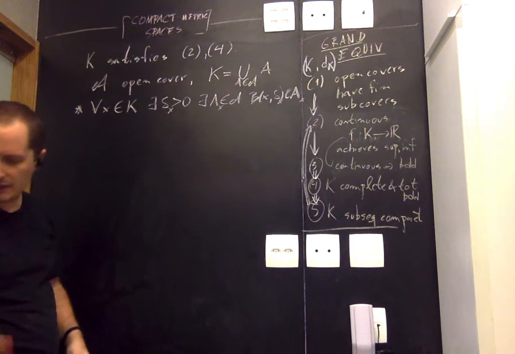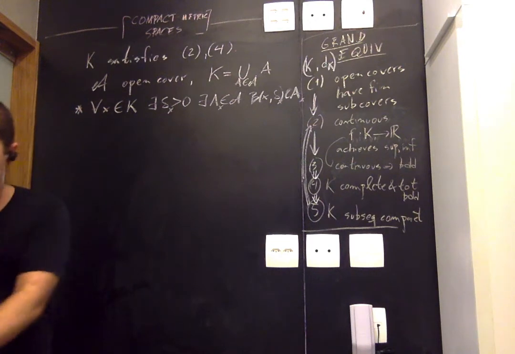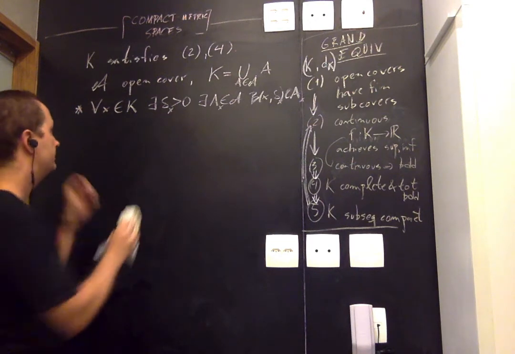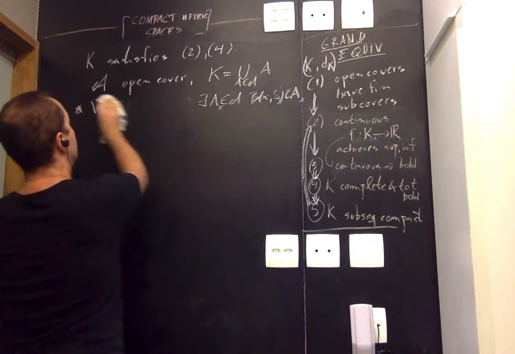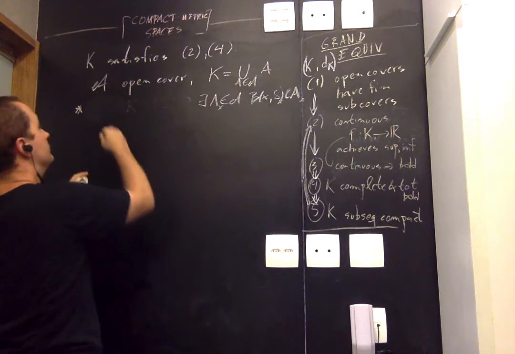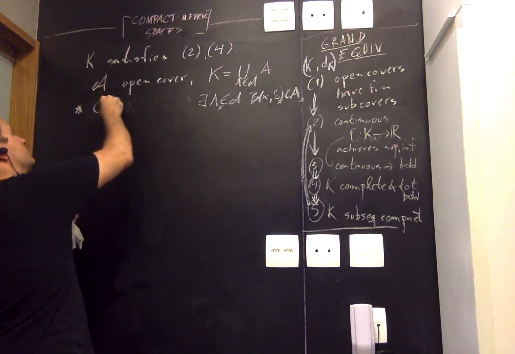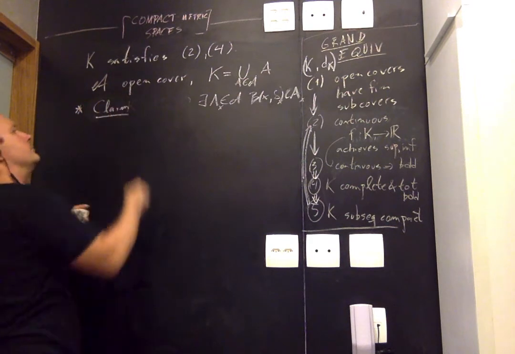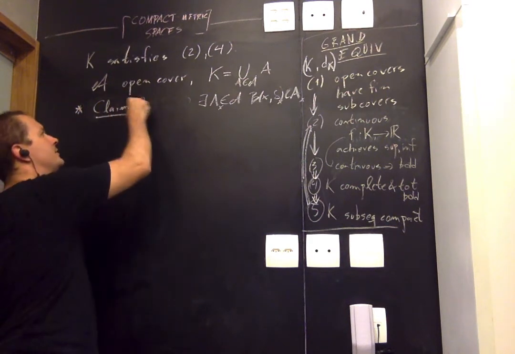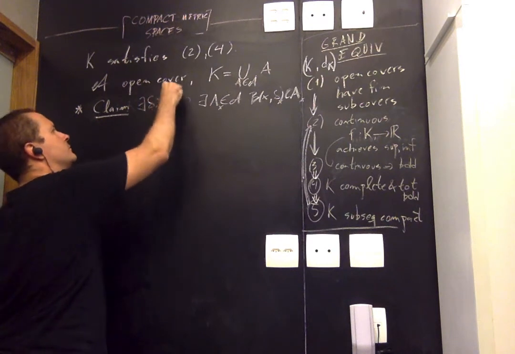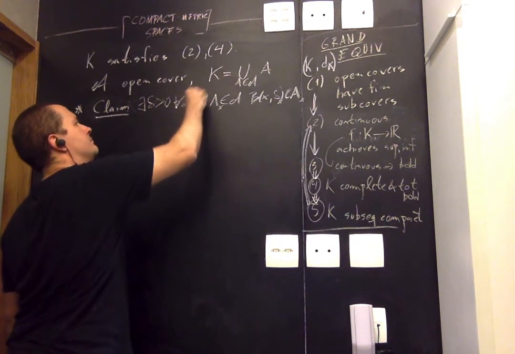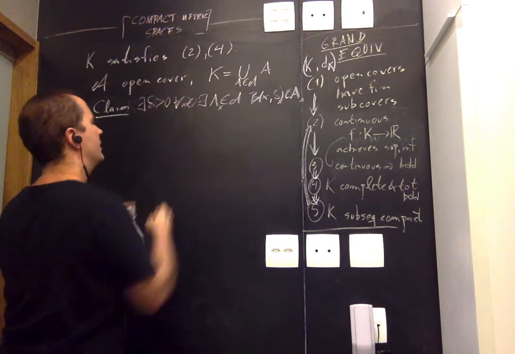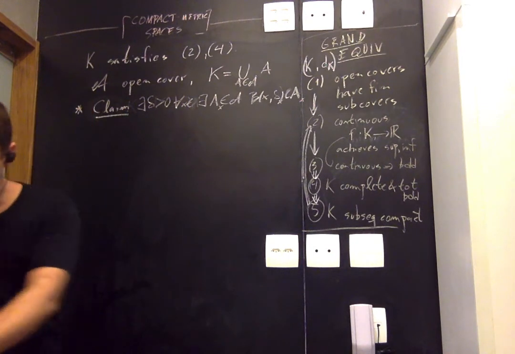So my main claim in the proof is that there exists a delta, so it's that for all x, sorry, I keep switching k and x in my notation.